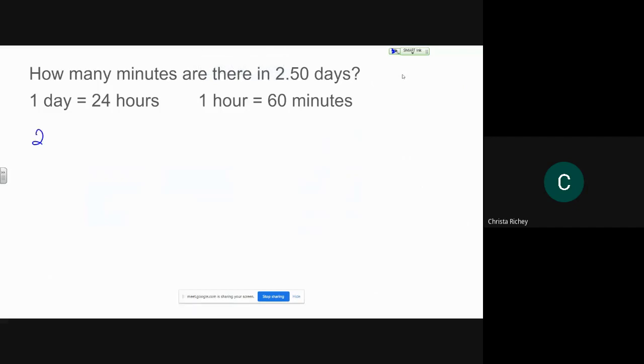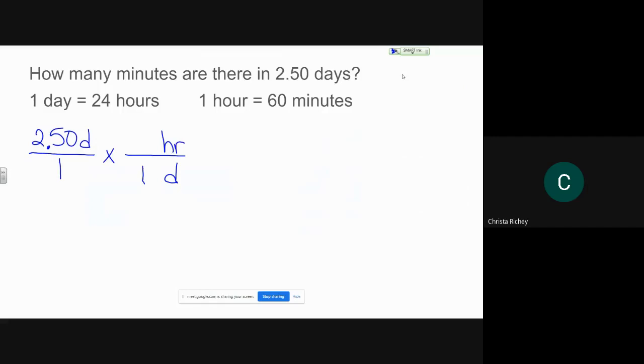So I'm starting with 2.50. I'm just going to do the D for days, which is over 1. And so I know I'm going to go from days. And up here, you can only go from days to what? Hours. What number goes with the day? 1.